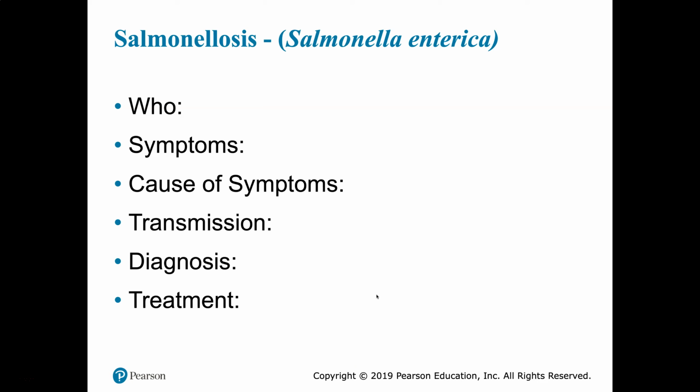Diagnosis. First, you can get a fecal sample and a rectal swab, and we can use the rectal swab for looking at it under a microscope. We can use the stool sample for isolating it on different media, so MacConkey, blood agar, a couple others that we've never talked about.